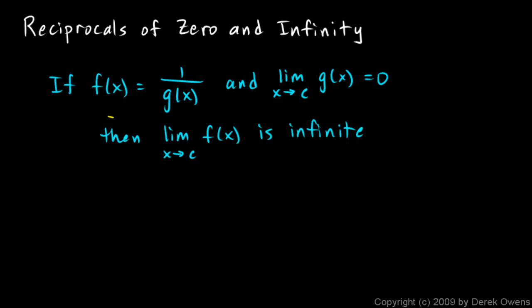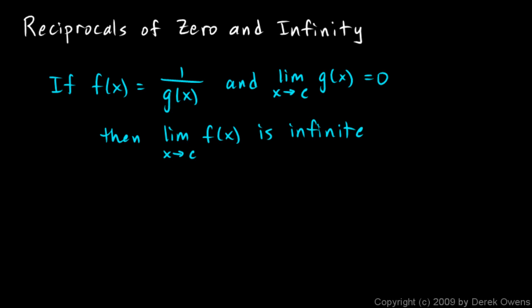So what we're saying here is that f and g are reciprocals. If the value of function g gets really close to 0, then 1 over g right there is infinitely large. So the reciprocal of 0 basically is infinity.